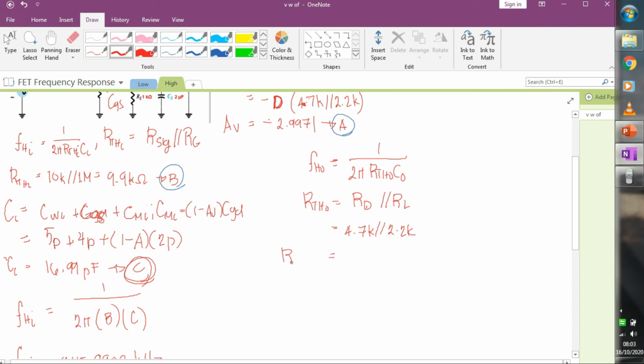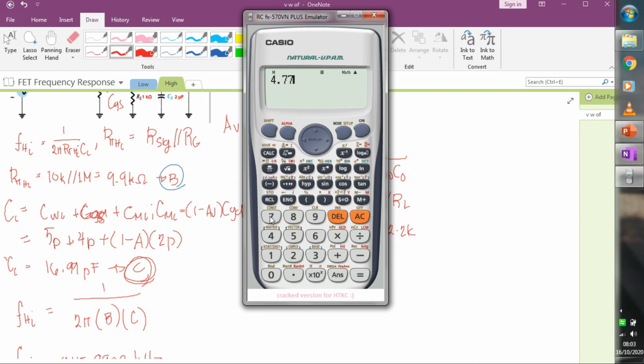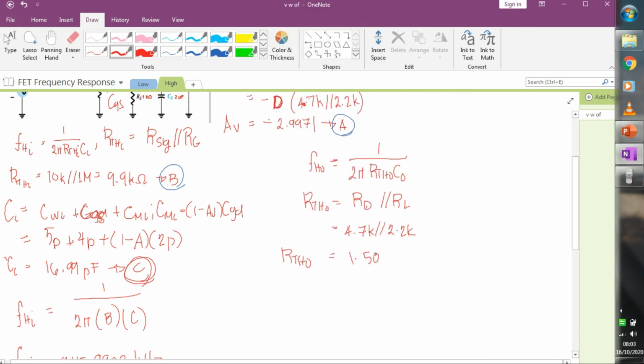So RTHO, 4.7 times 3 ipaparallel kay 2.2K equal to 1.50 kilo ohms. Store ko siya. Okay.